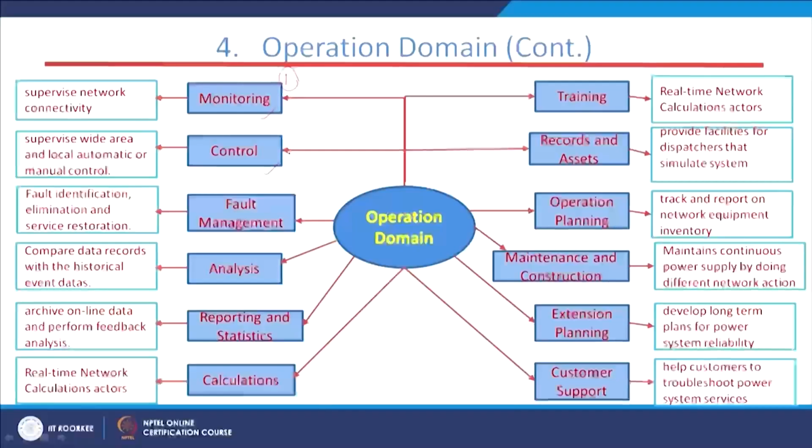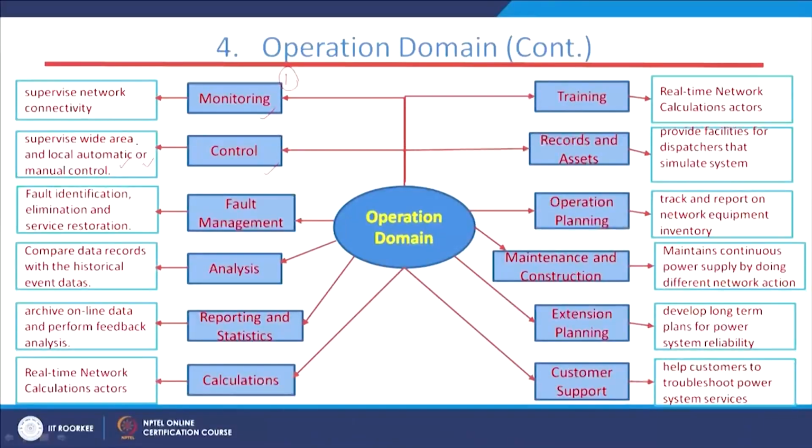After monitoring we have control, which is how to control the generating stations, the distribution network, the transmission network, or a storage device. You can name anything in the smart grid network. The control section will take care of this.